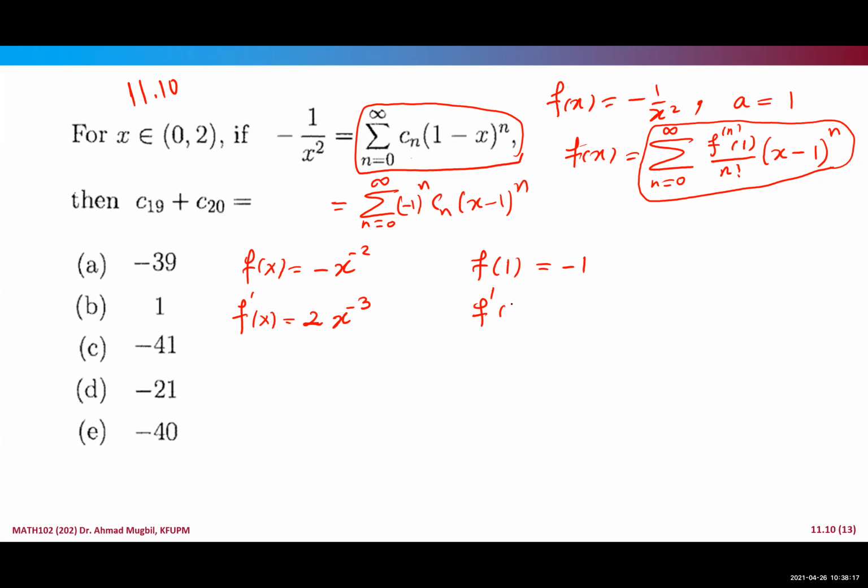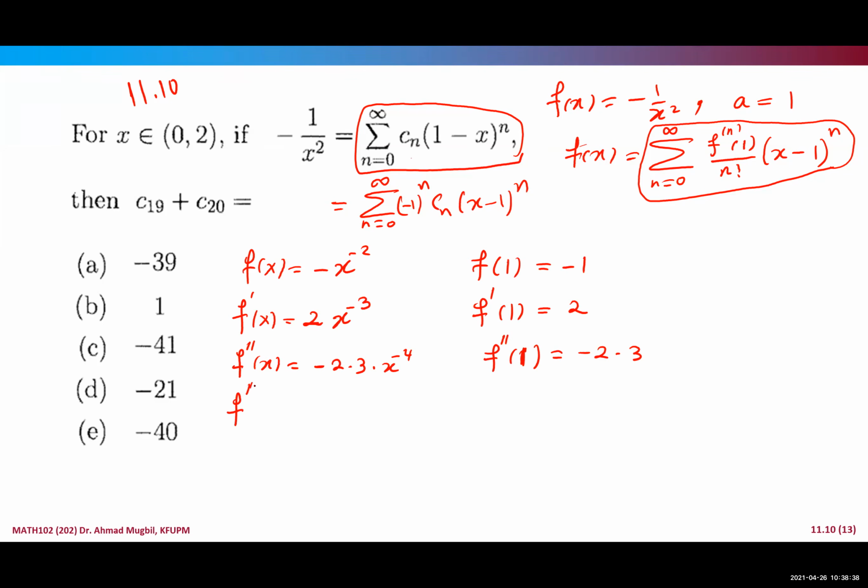The first derivative at 1 will be positive 2. What will the second derivative be, guys? 2 times 3, negative also, times x to the power negative 4. The second derivative at 1 will be negative 2 times 3.